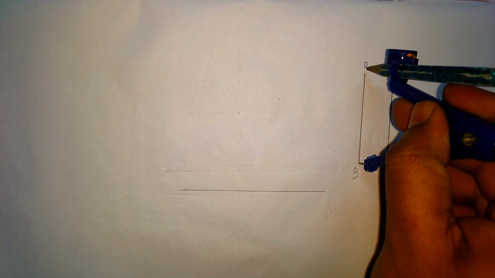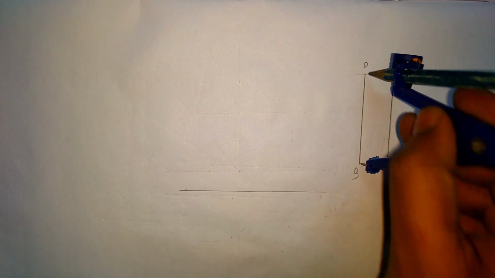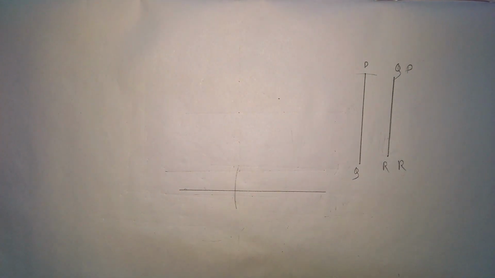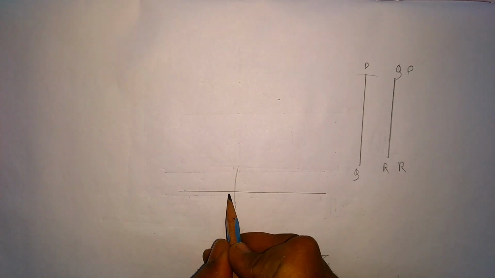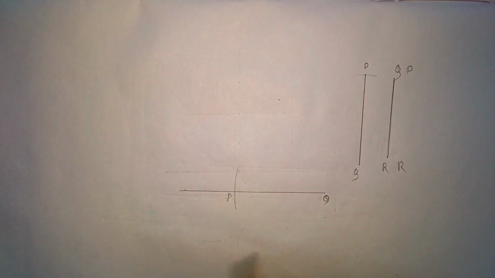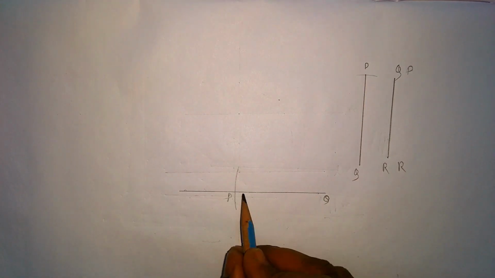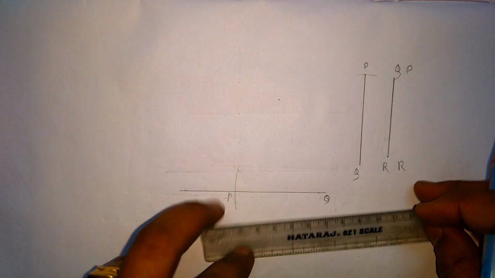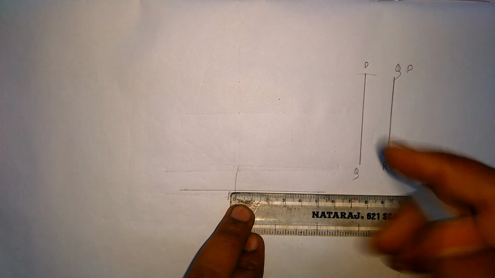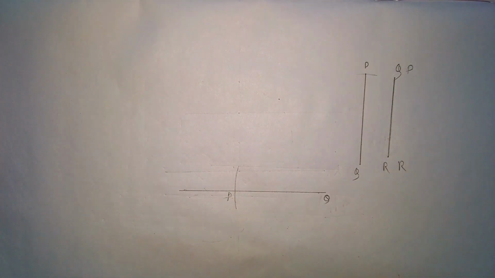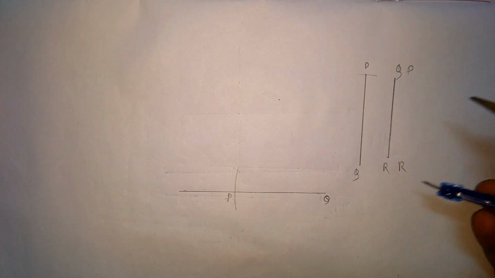Measure the length of PQ, and cut the line. So this point will be P, this point will be Q. You can directly put the line here by measuring with your scale. Just mark the length of 5.4 centimeter PQ. Now next we have to draw two sides QR and PR, both of same measure, that is 4.7.